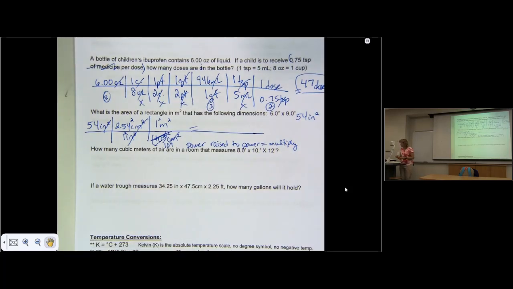You either have a squared key on your calculator or you have a y to the x key. Either one is fine.